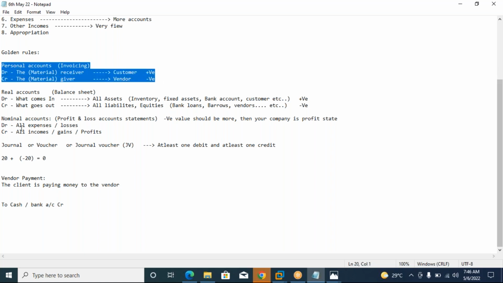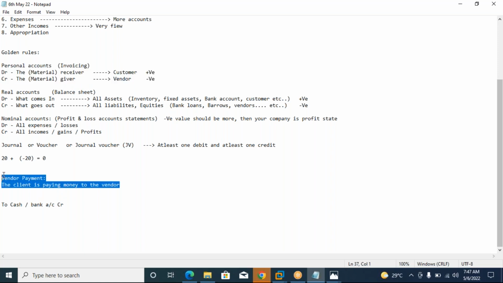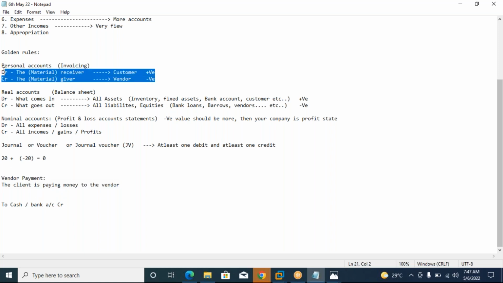Don't apply this rule at the time of payment. This is for invoice. That is the reason I have included material receiver, material giver. You need to apply this rule at the time of invoicing, whether it is a customer invoice or a vendor invoice.